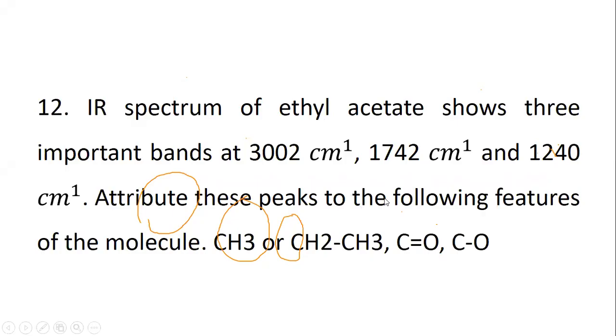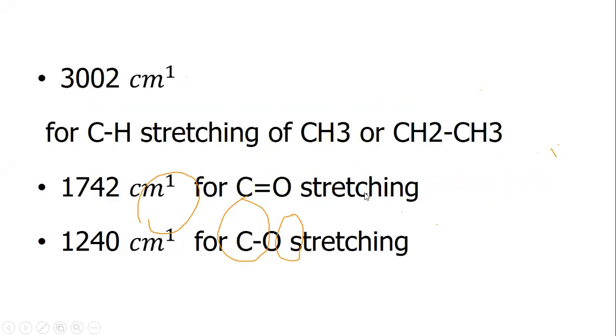Attribute these peaks to the following features of the molecule: CH3 or CH2, CH3, C=O, C-O. 3002 per cm is for the C-H stretching of CH3 or CH2, CH3. 1742 per cm is the C=O stretching. 1240 per cm is the C-O stretching.